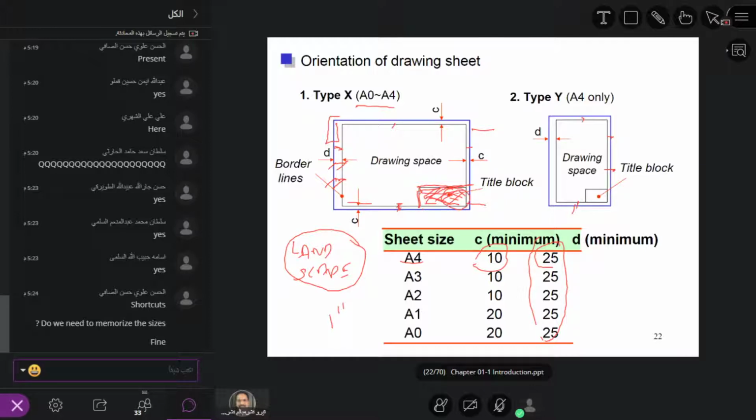In case of an A3 sheet, it is like that. In case of an A4 sheet, it should be here. Okay, all right. So that is how you orient a drawing sheet, especially for engineering drawing.